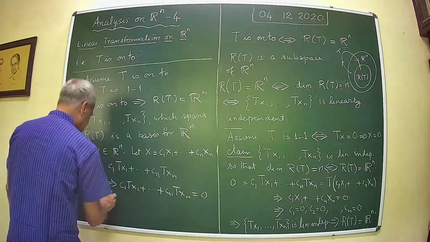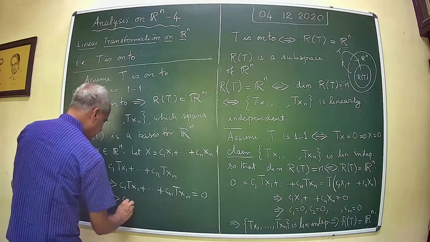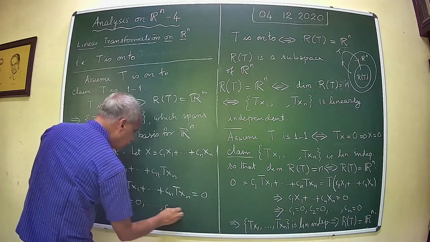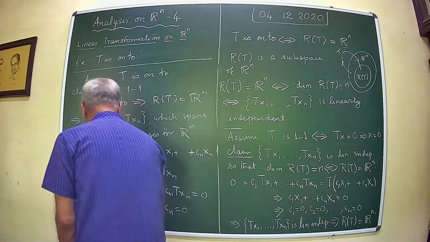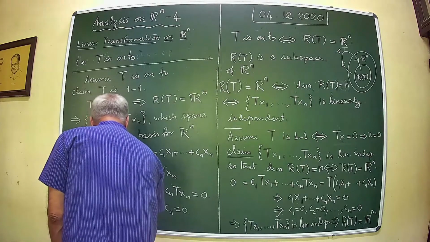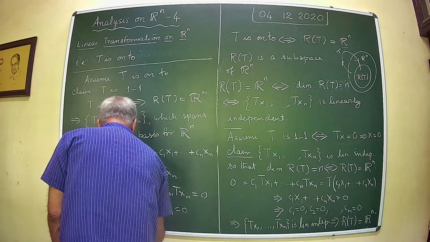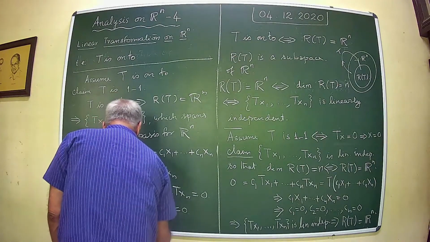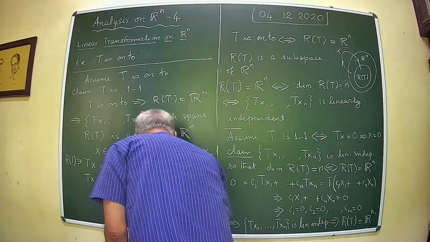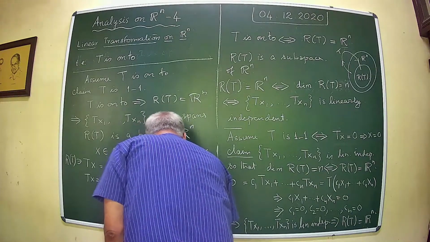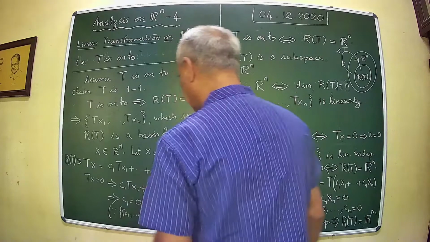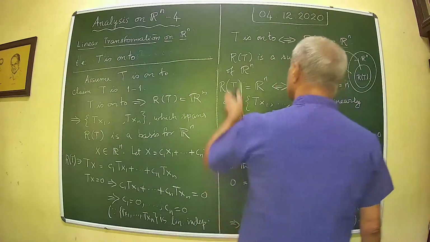Therefore, this implies C1 equal to 0, Cn equal to 0. What does this mean?